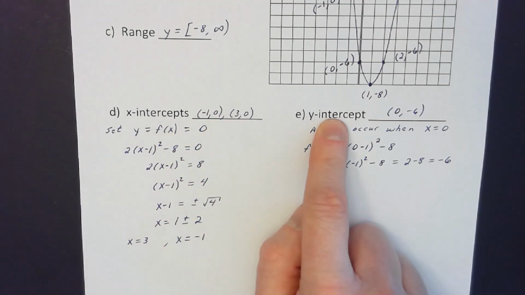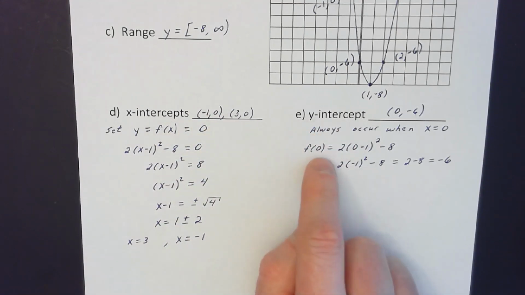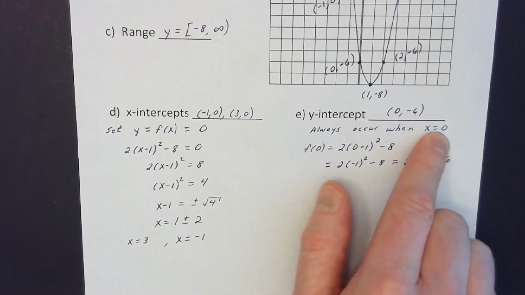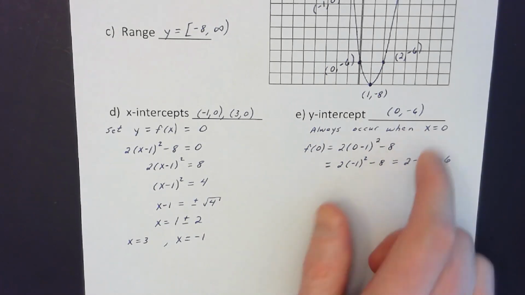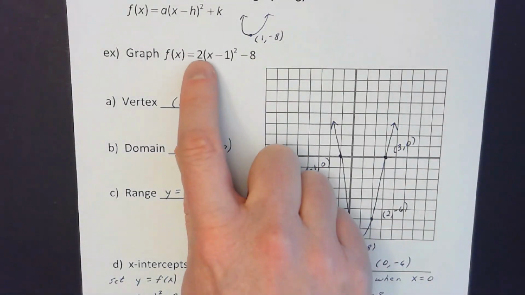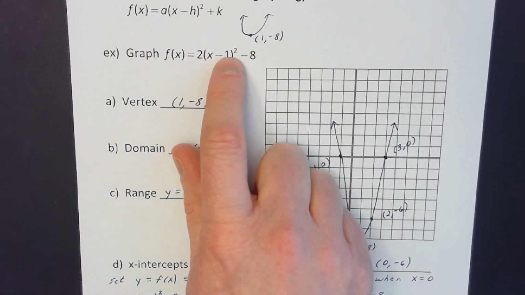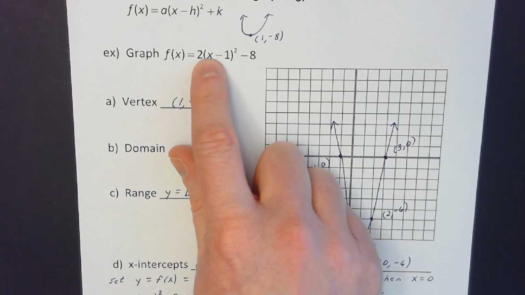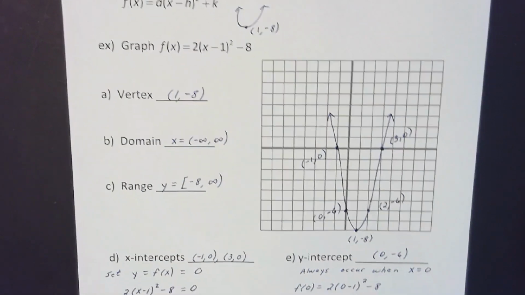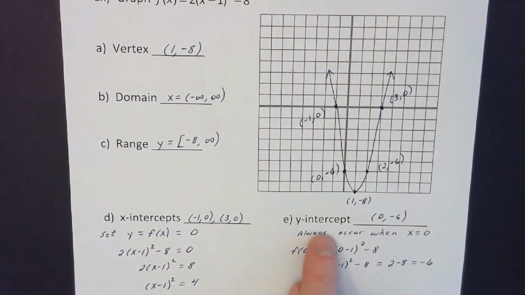Now the y-intercept here, all you have to do for the y-intercept, again, remember, is just plug in an x value of 0. So notice all I've done is I've looked at my equation up here, 2 times x minus 1 quantity squared minus 8, and I've plugged a 0 in for x. So that became 2 times 0 minus 1 quantity squared minus 8.